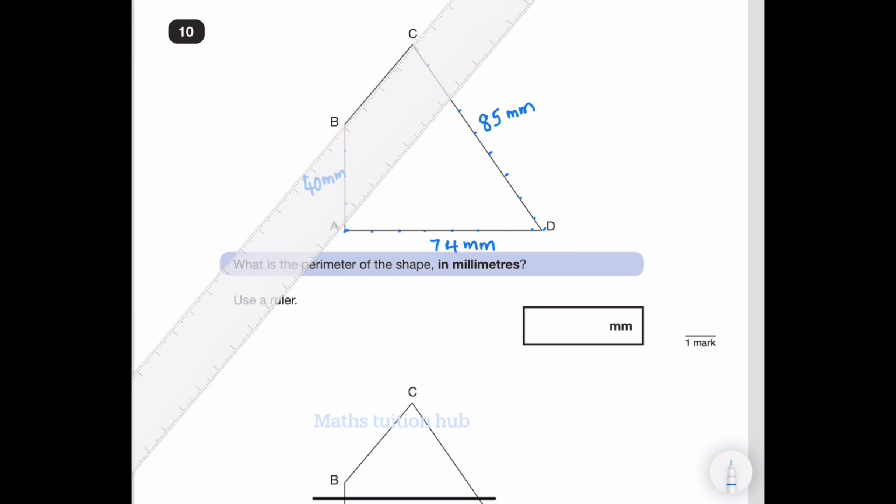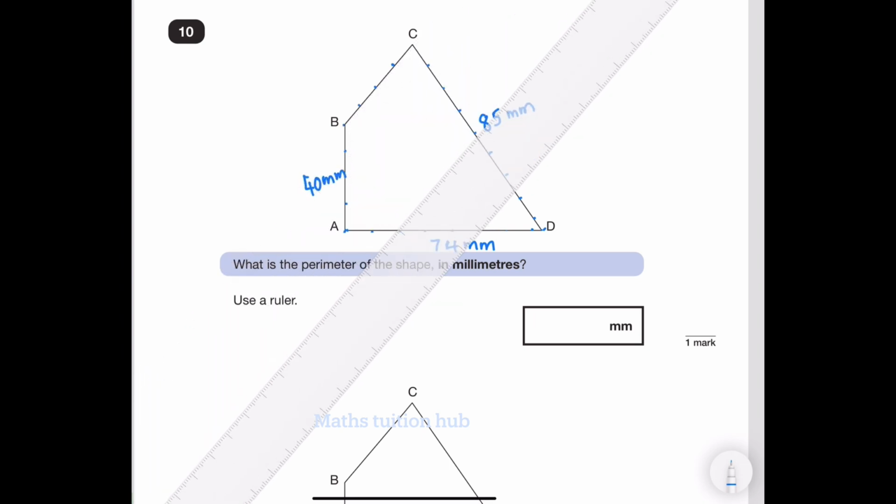Make sure you put the ruler properly. So that's 40 millimeters again.